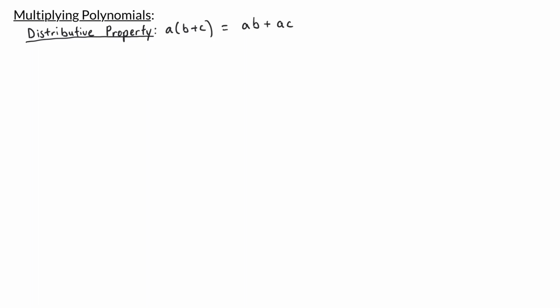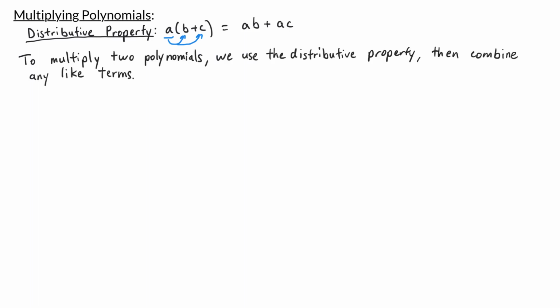So what's happening here is that the a is multiplied to each of the terms within the parentheses, the b and the c. This rule is going to apply to polynomials as well. So to multiply two polynomials, we use the distributive property, then we combine the like terms. Let's look at some examples.